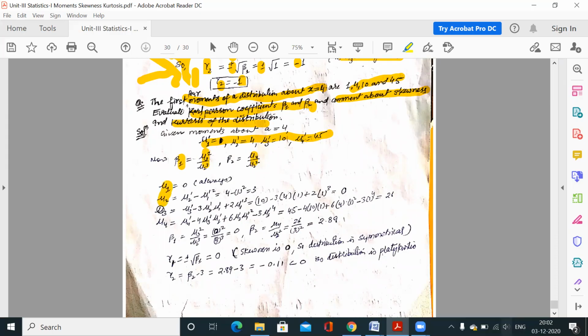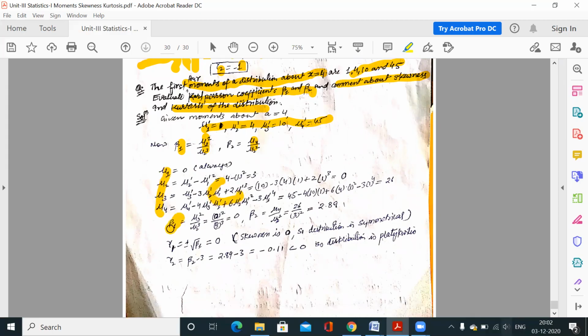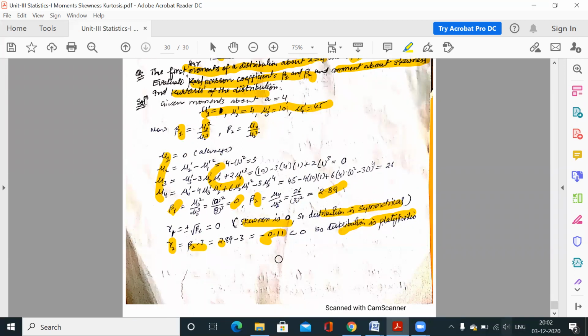First we will calculate the central moments using these relations, and after substituting these values, beta 1 is coming 0, beta 2 is coming 2.89. So it is not skewed data because beta 1 is 0, skewness is 0, so the distribution is symmetrical. And gamma 2 is beta 2 minus 3, so 2.89 minus 3 is negative, that means the distribution is platykurtic. So like this we have completed these topics.